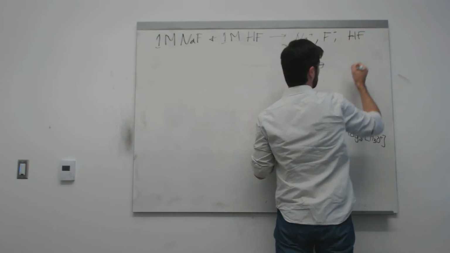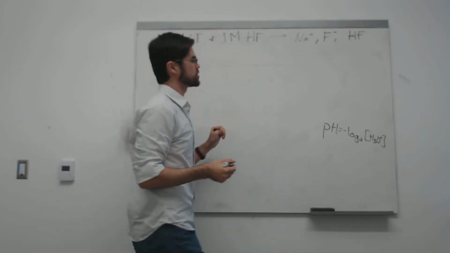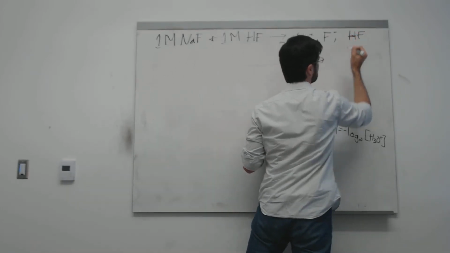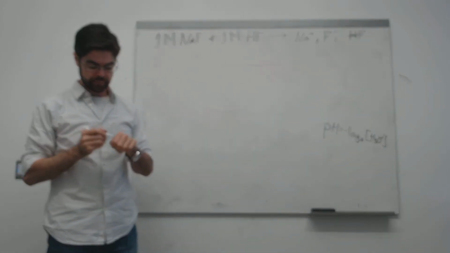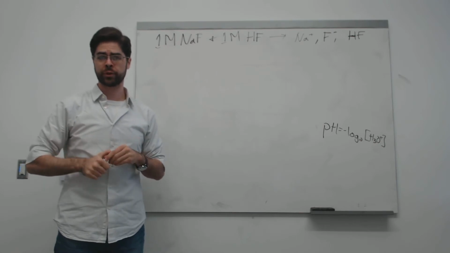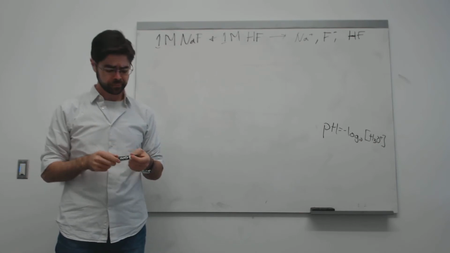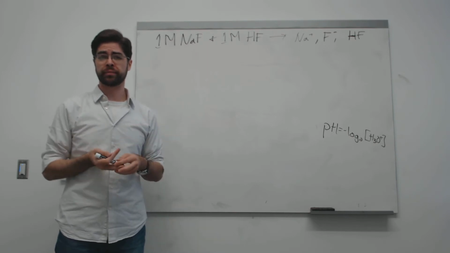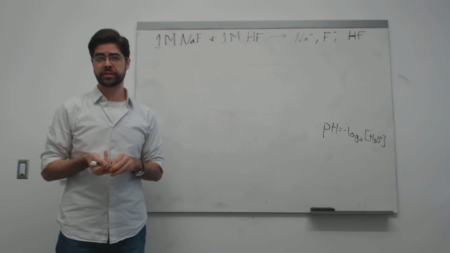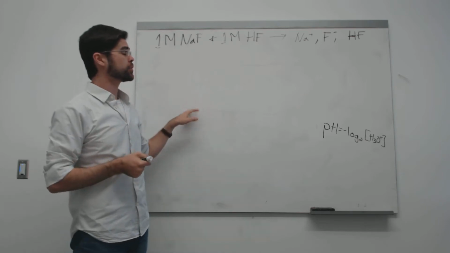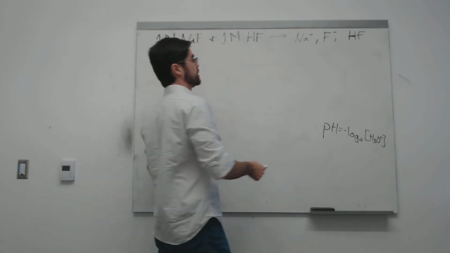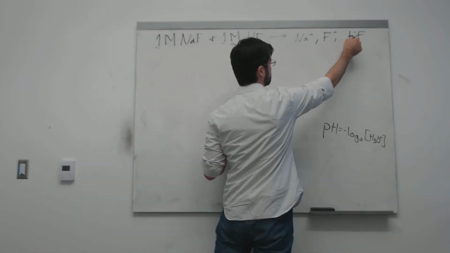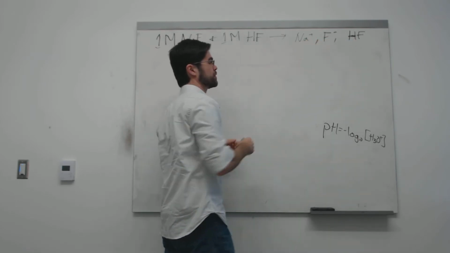The HF is a weak acid. It doesn't completely dissociate. So I will still have quite a few of those left over. Okay, so what are the important equilibria to consider? The first one here is the fact that water is going to interact with either one of these guys.